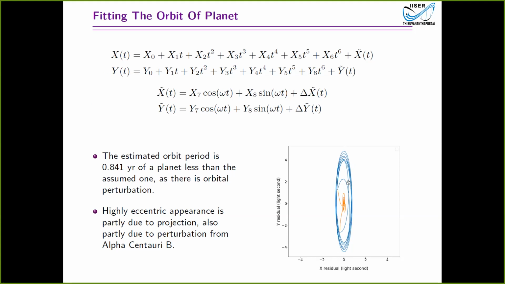Using this method, we have estimated the orbital period of this planet as 0.841 year, which is less than the orbital year which was taken. We took 1 year of orbit in the beginning, and this is because of the orbital perturbation of the binary system.